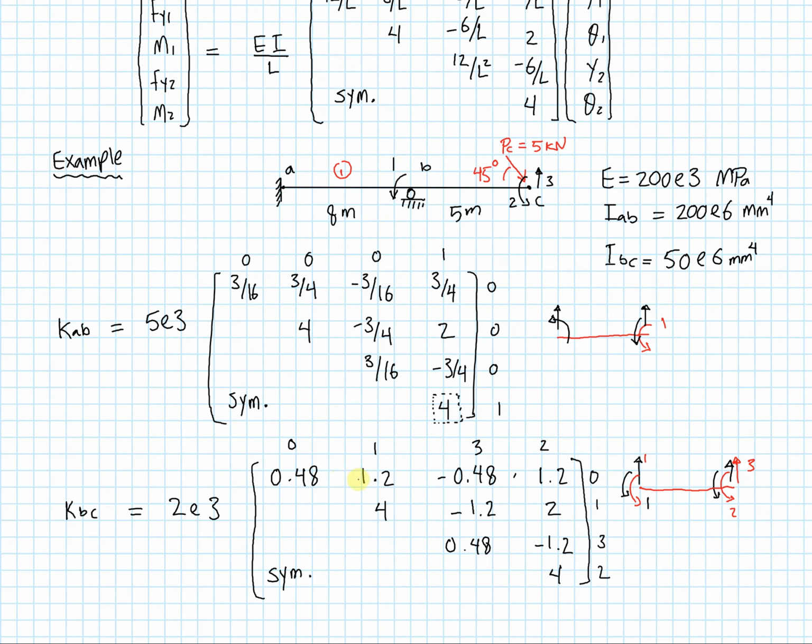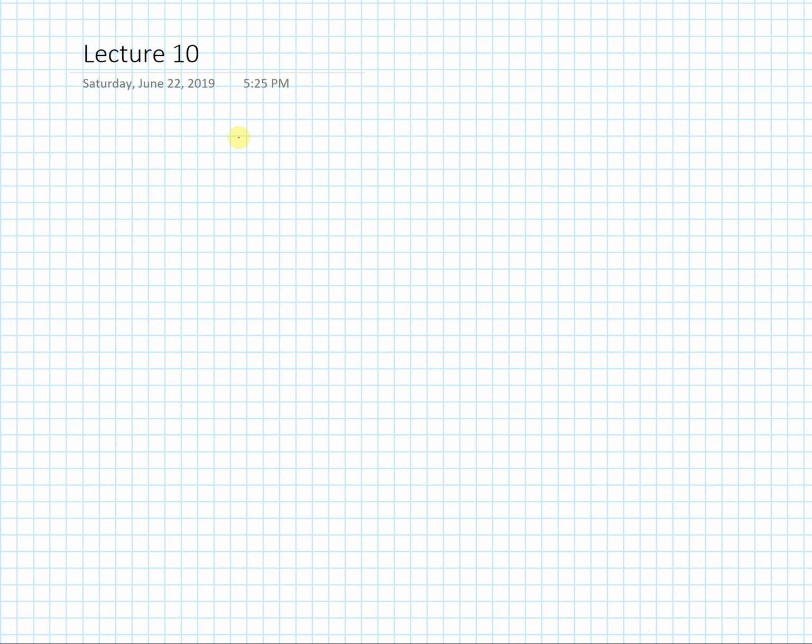So the components that are of interest to us are down here inside this rectangle here. Okay, so I have this value 4 and this matrix down here, and I'm going to assemble them into a global matrix. And this global matrix, because we have 3 global degrees of freedom, is going to be 3 by 3.